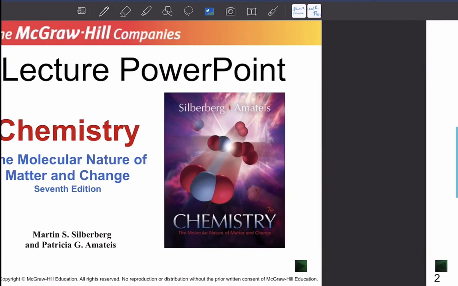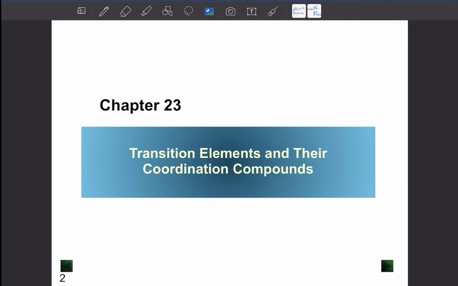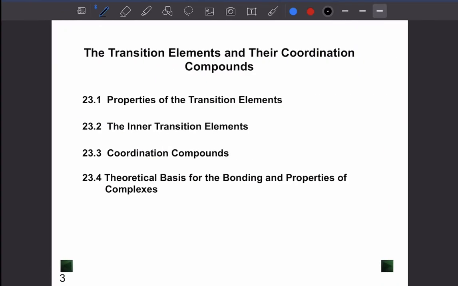So in this lecture, we'll talk about transition elements and their coordination compounds. Whenever we talk about transition elements, always remember that transition elements are simply the D block elements and F block elements.